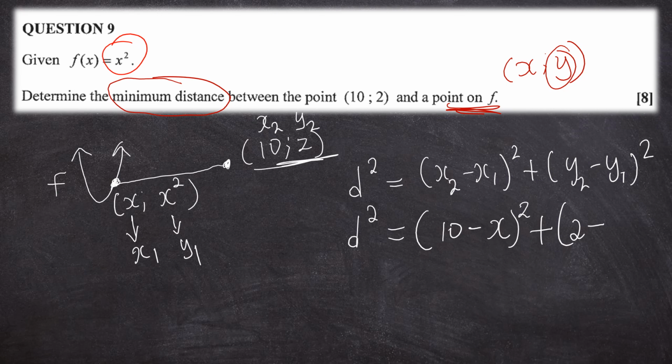Hence, don't be confused to say, where is this x squared coming from? It's the same as x and y. We don't know that point on the function, but we do know that y is actually the same as f of x, and our f of x is x squared. Hence, where there is y1, we put x squared there, because that's what it's equivalent to on that function.